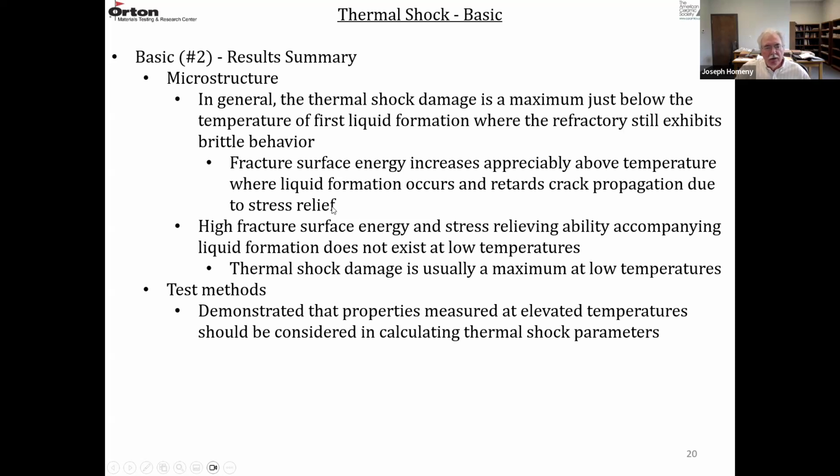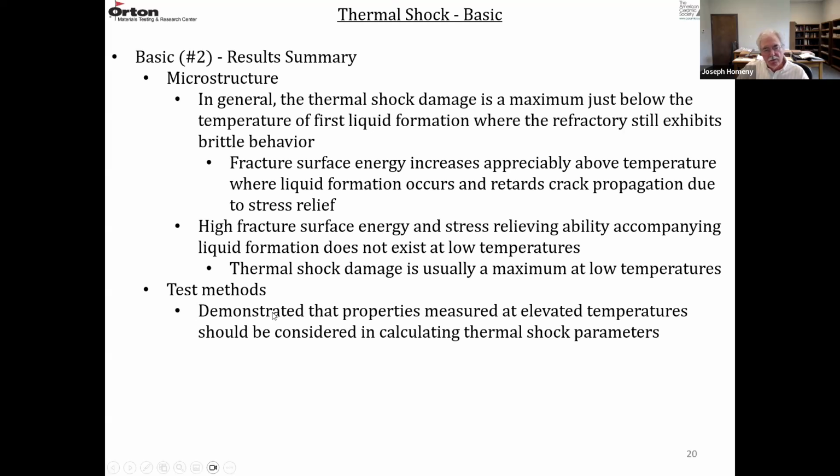It becomes plastic, it can blunt the crack tips, and the high fracture surface energy and the stress relieving ability accompanying the liquid formation do not exist when it's brittle at low temperatures. So thermal shock damage is usually maximum where the material is still brittle at the lower temperatures.